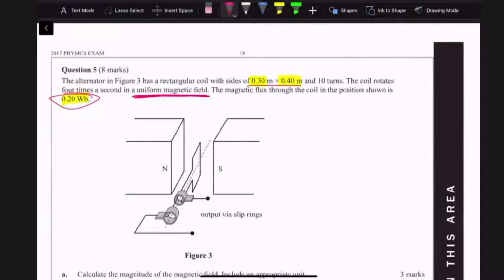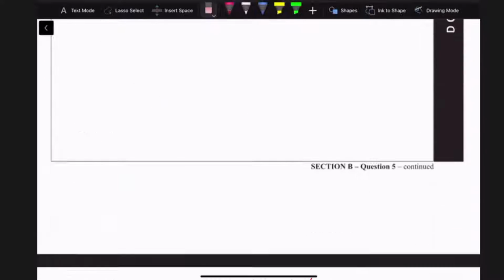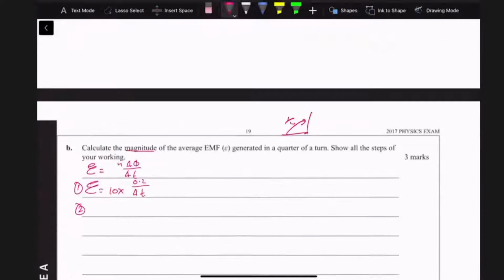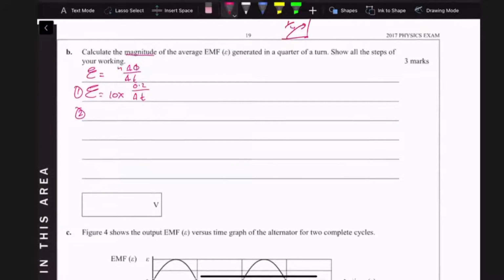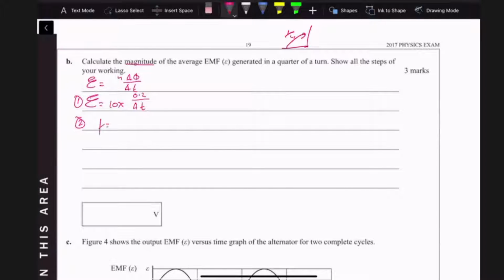So it says that the coil turns 4 times in a second. So we know that if something is turning some amount of times in a second, that's the frequency. So frequency is 4 hertz. So then T is 1 on f, which is 1 on 4. So it's 0.25, and that's for 1 turn.